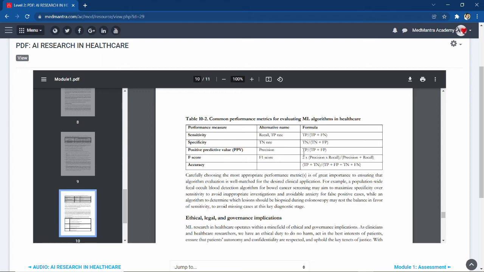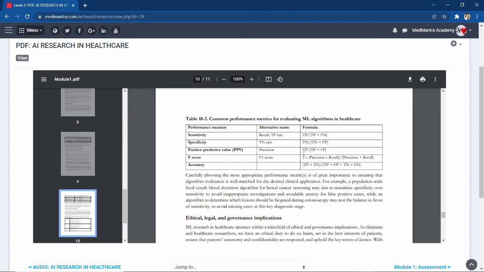We'll first look at accuracy. Accuracy means the overall number of correct predictions compared to the entire number of predictions made. Sensitivity or recall means the algorithm's ability to correctly predict all cases with the label of interest.